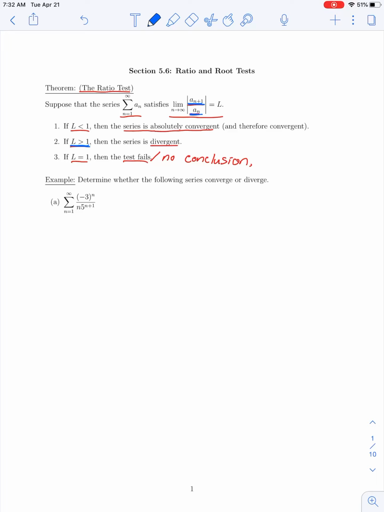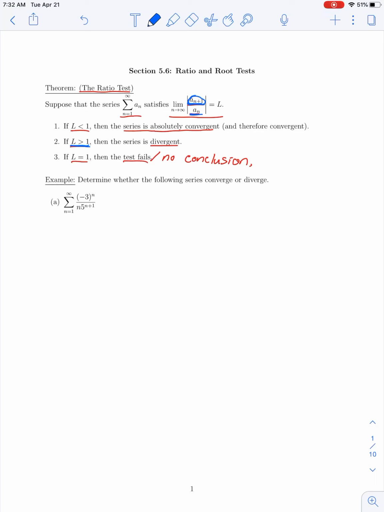So the next term in our sequence, the a sub n plus 1 term, is larger than the term before it. So we're going to start adding terms of larger magnitude, and we would see divergence in that case.